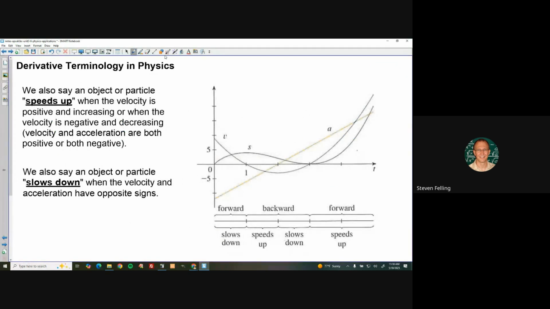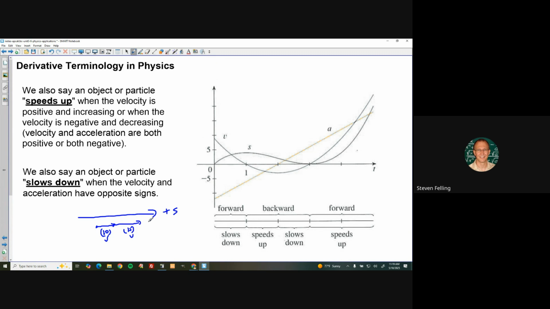All right, now this is an important point too. We say that an object speeds up if the velocity is positive and it's increasing. So imagine that this is defined as the positive s direction, and we have an object currently at this position. If the velocity is, say, 10 in the positive direction, and then later on the velocity is 15, that means this object is not only moving to the right, but it's speeding up.